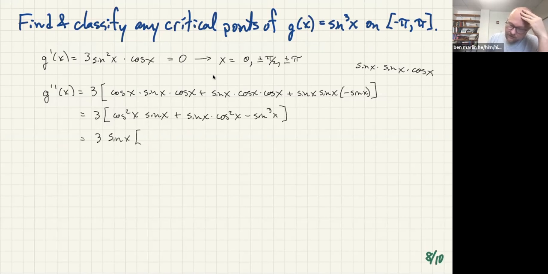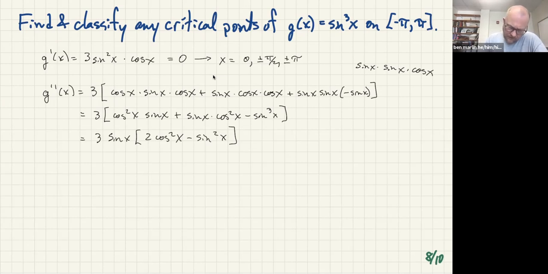And then the first 2 are both cosine squareds. And then minus a sine squared x, okay? And I mean, you can make that even better if you really want to. But remember, all we're going to do is to plug values in, okay?